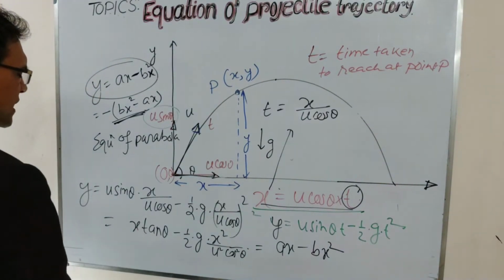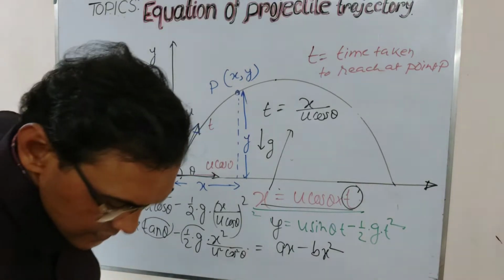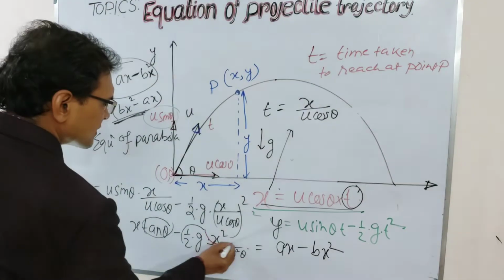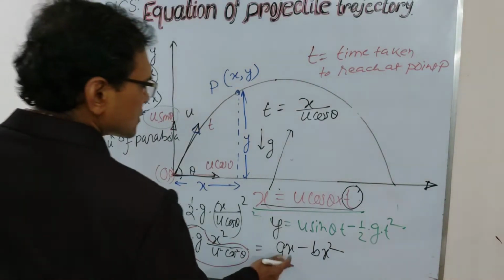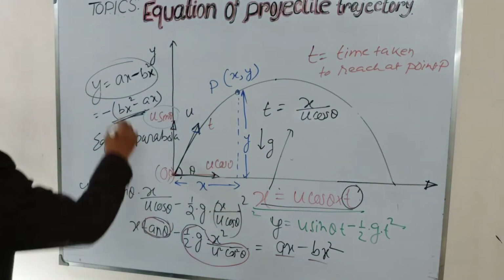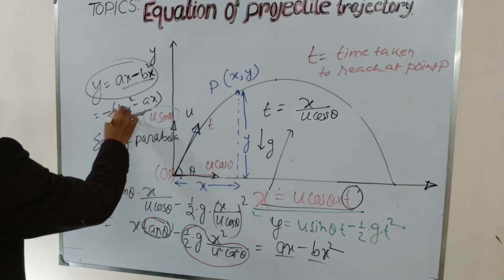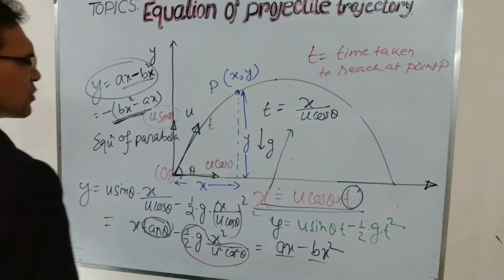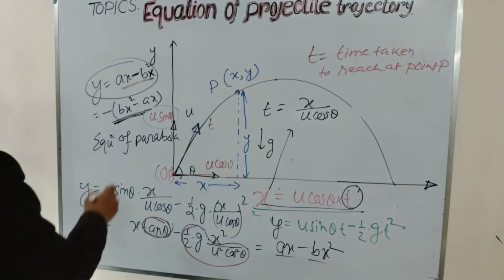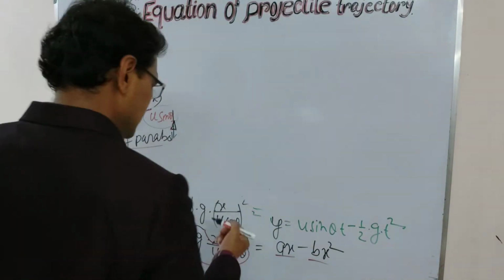We take this as a and this as b, so the equation is y equal to ax minus bx square. If the coefficient of x square is negative, then the opening of the parabola is vertically downward. So the projectile path will be a parabolic equation.